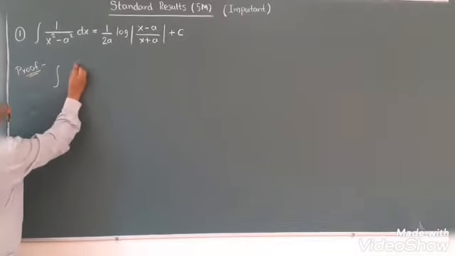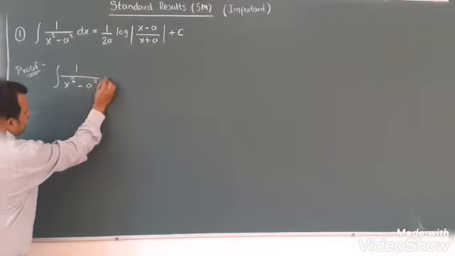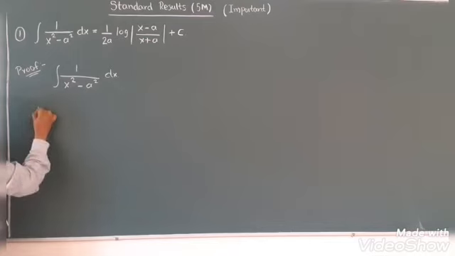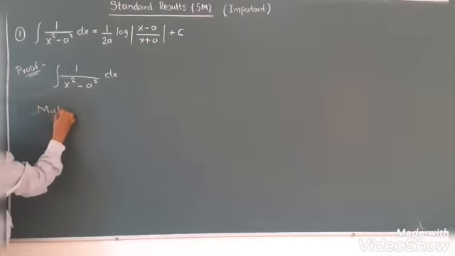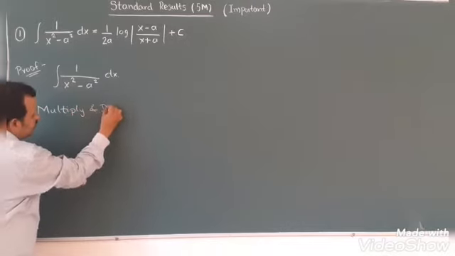Integral of 1 by x square minus a square dx. So what we can do here is multiply and divide by 2a.